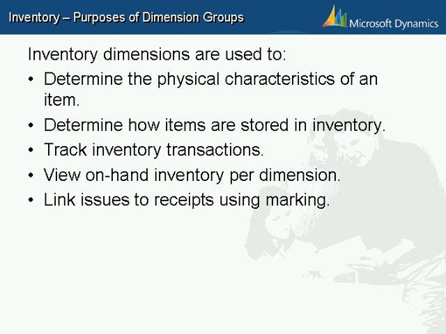Inventory purpose of dimension group. Inventory dimensions are used to determine the physical characteristics of an item, determine how items are stored in inventory, track inventory transactions, view on-hand inventory per dimension, and link issues to receipt using marking.